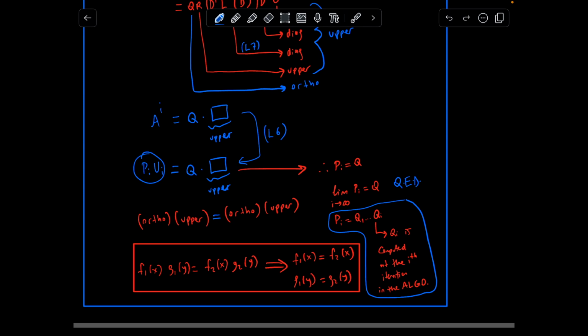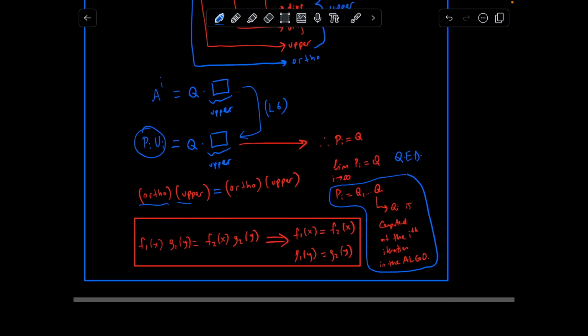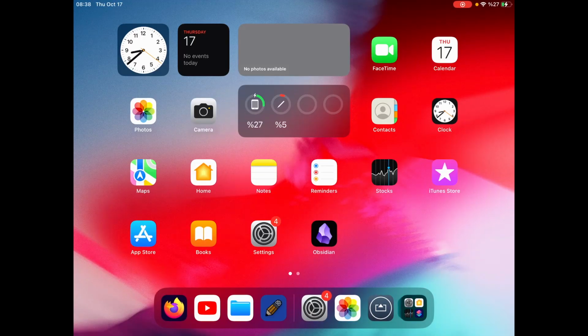What this is saying is that we have one orthogonal and one upper triangular expression, and this equals one orthogonal times one upper triangular matrix. So orthogonal times upper triangular equals orthogonal times upper triangular.